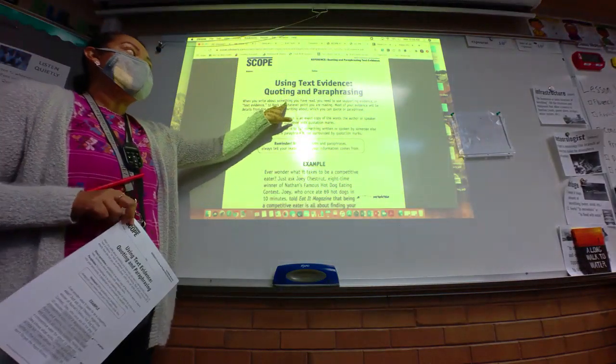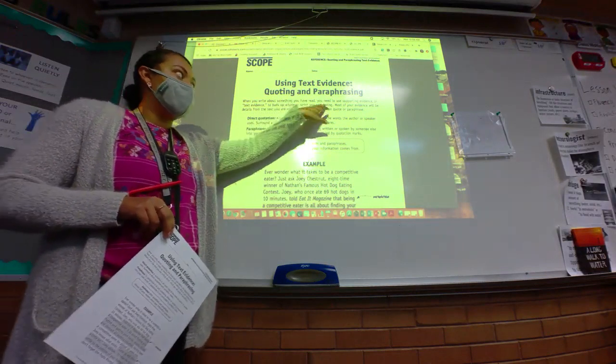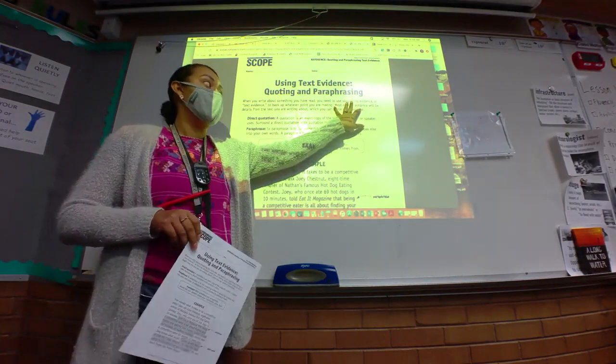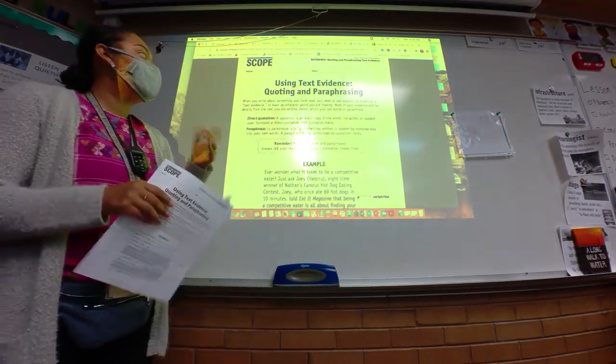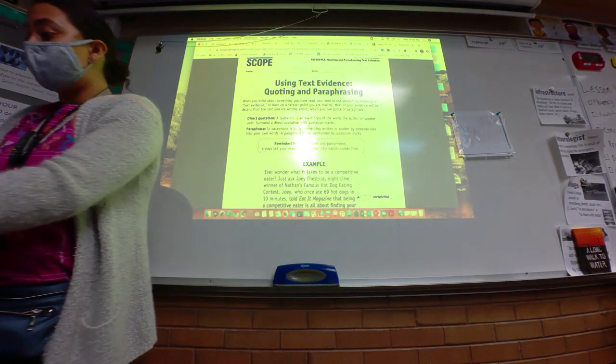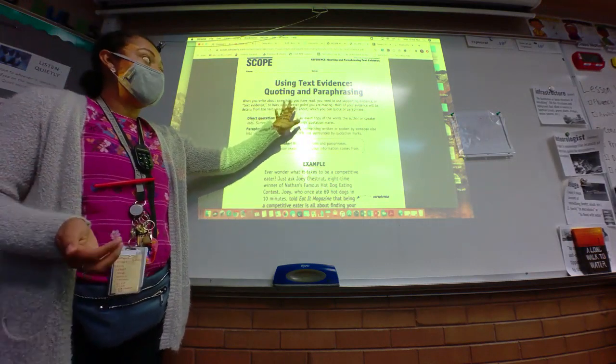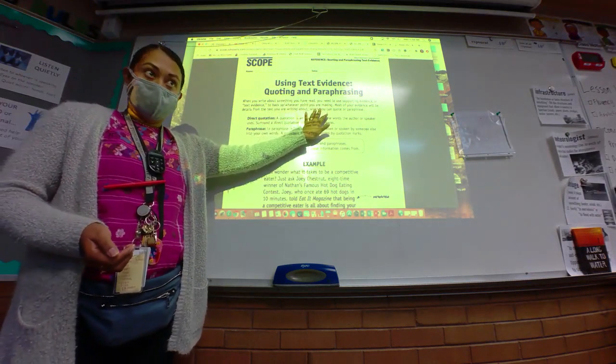When you write about something you have read, you need to use supporting evidence or text evidence. Those are two different ways to say it, to be able to back up whatever point you are making.